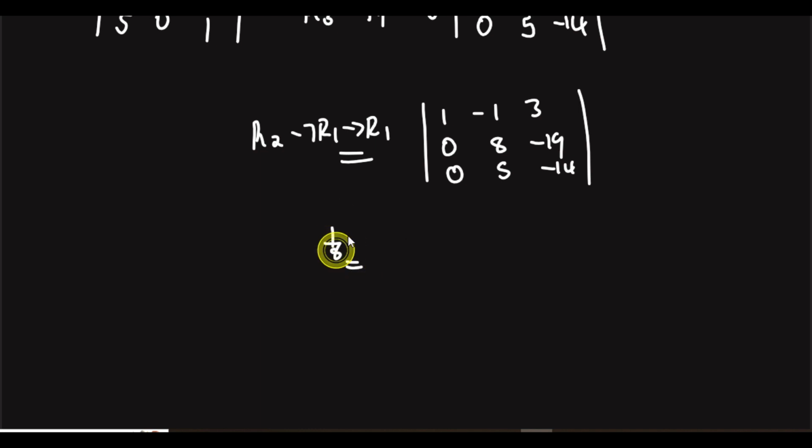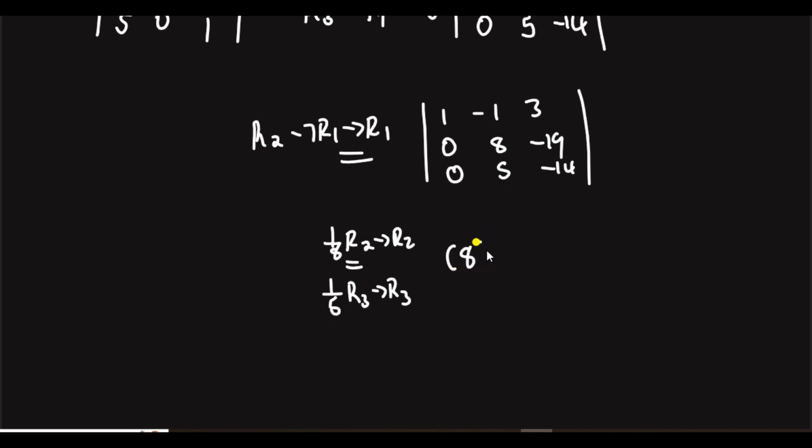And also I want to do a double operation on the same thing: 1 over 5 R3 to give me the new R3. Remember that I'm taking out 8 and 5 as common factors, so because I'm taking them out, I'm going to write them here.